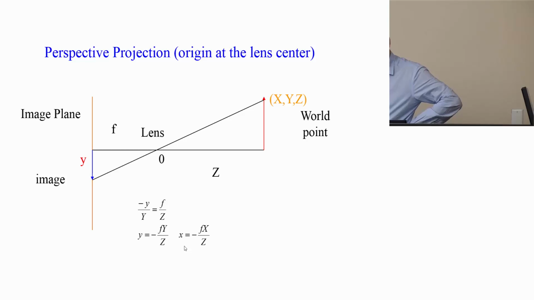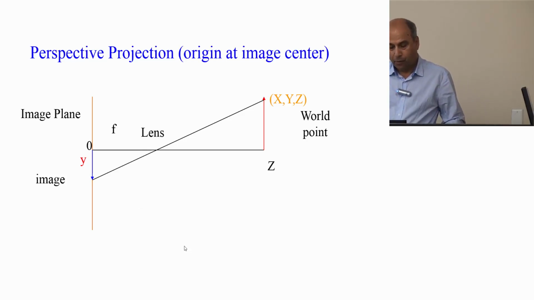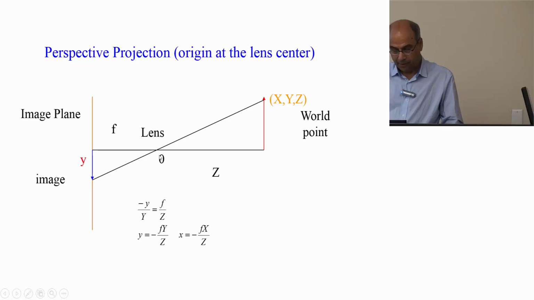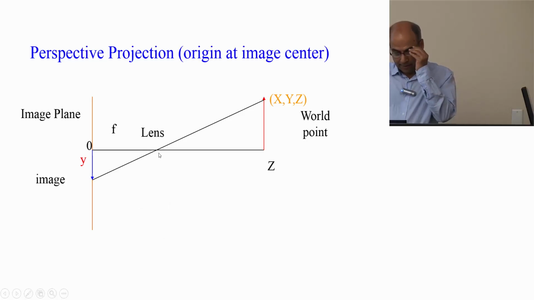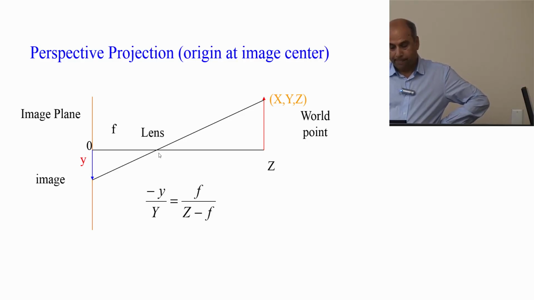perspective transformation. So now if the origin is at the image plane, here the origin was at the lens. Now if the origin is the image plane, then you can do the same thing, but these things will change. So here we will have minus y here, and this is y, that's fine, this is f.